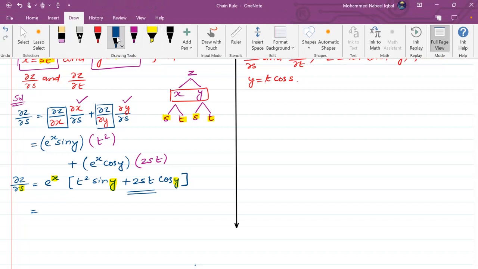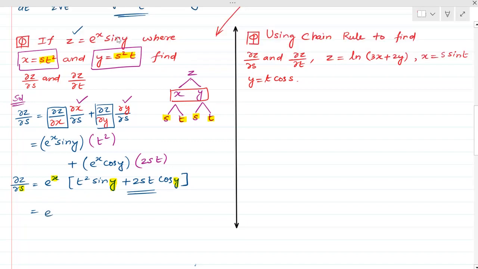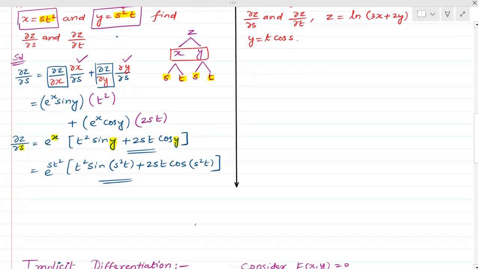So I will replace everything: e power st square, t square as it is, sine of s square t, plus 2st cosine of s square t. That's it. This is the final answer.